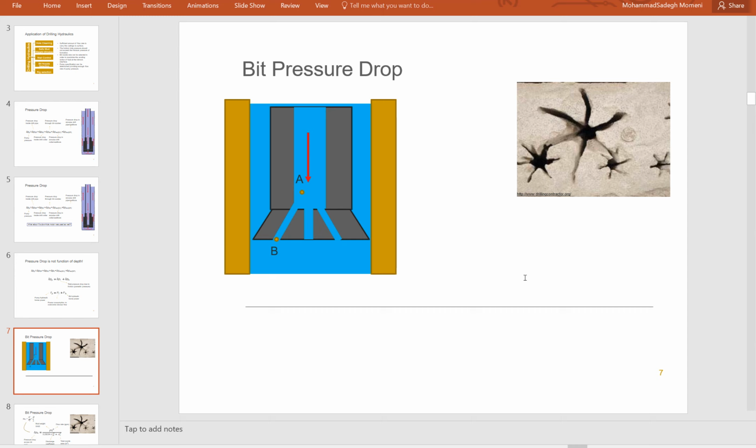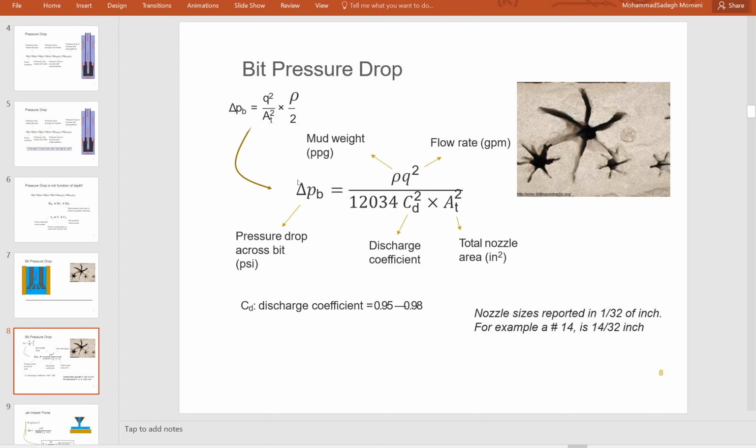So in order to find the bit pressure drop, I just need to write the Bernoulli equation from point A to point B. After that I would be able to find this equation for the pressure drop in the bit.